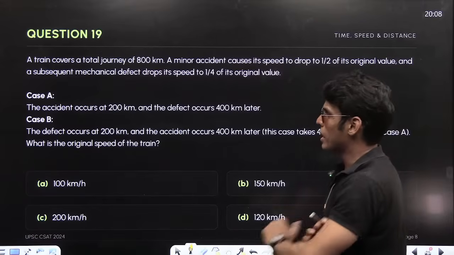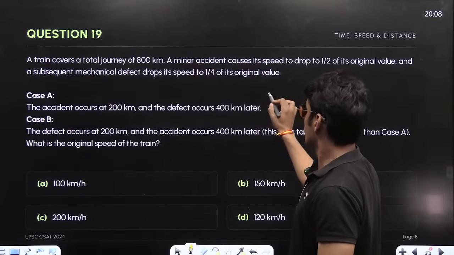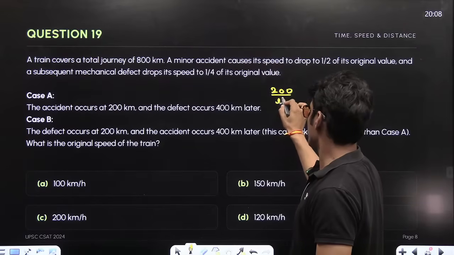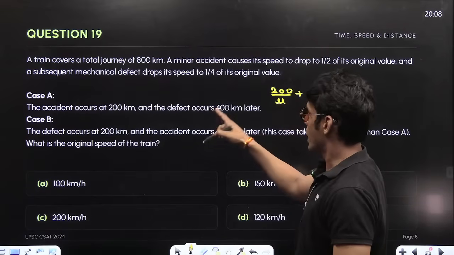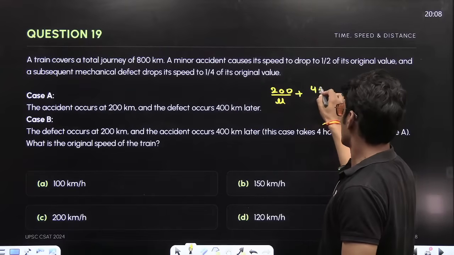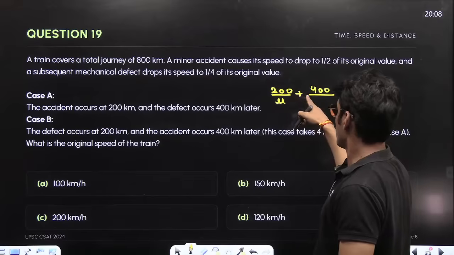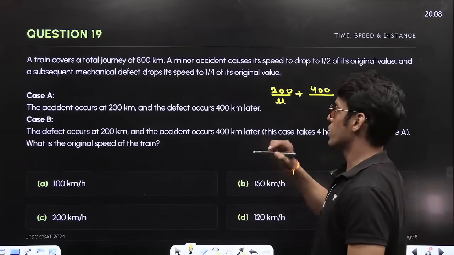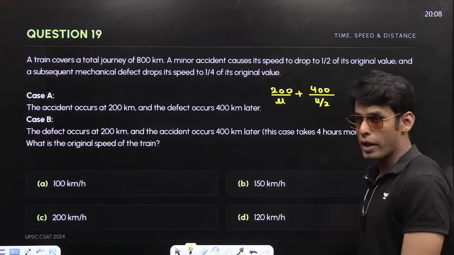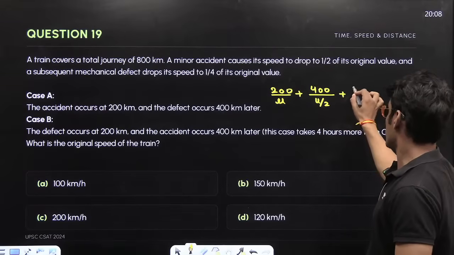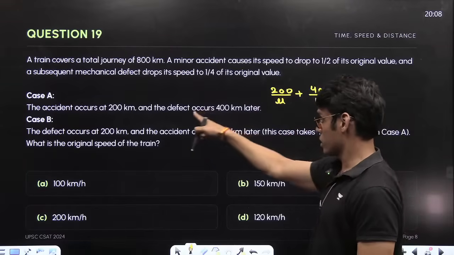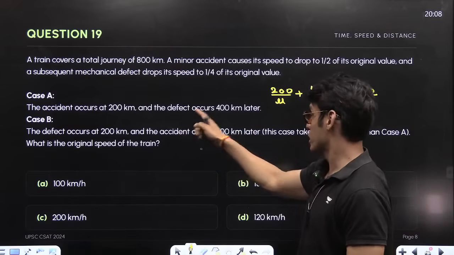Now, in case A, for 200 km it is moving at the speed of u, and then it moves 400 kilometers after the accident. The accident will reduce its speed to u/2. The remaining 200, it covers after 600 kilometers, basically 200 plus 400.